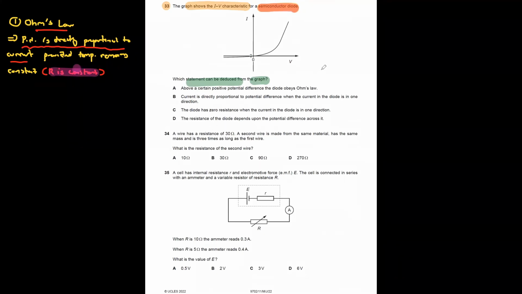Okay, and then from there, what can we then further do? Now, if you're talking about resistance, resistance is defined as the ratio of PD to current. Okay, but if you want to find just the magnitude, we can do something else.